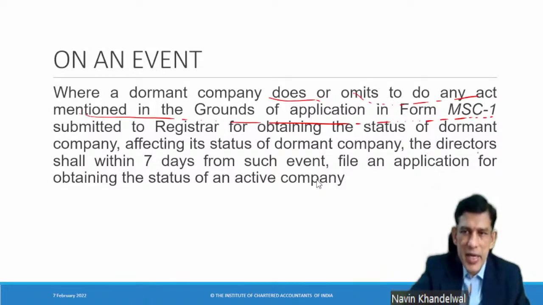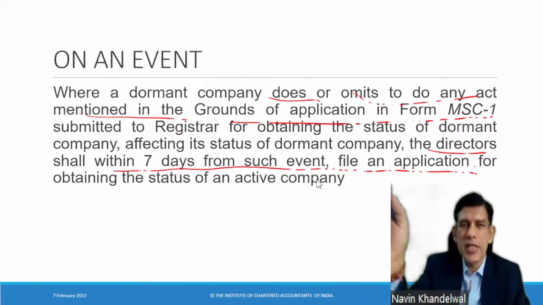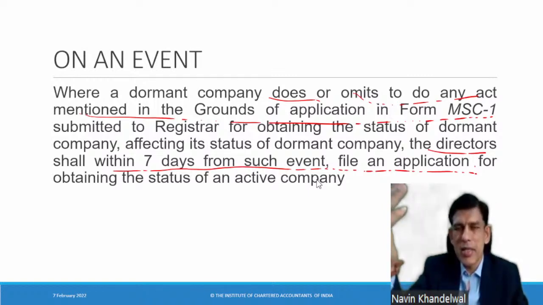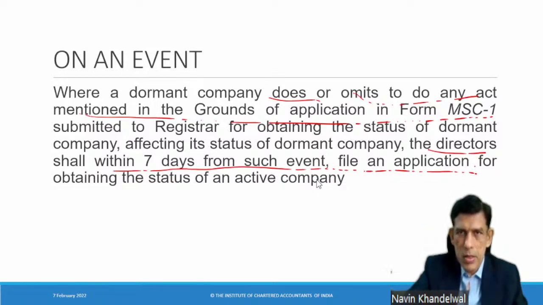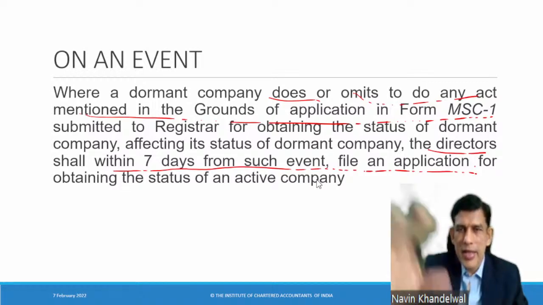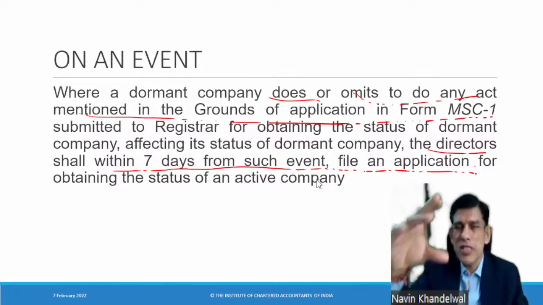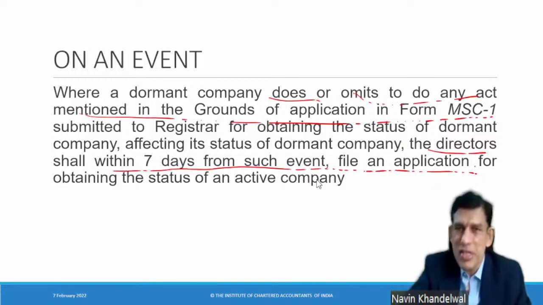Then the directors shall, within 7 days from such event, file an application for obtaining the status of an active company. So one case is where the directors know that they are resuming the operations. They want to start doing business, and they file an application. But here the situation is, for the purpose for which this status was granted, probably that purpose has gone and it has entered into, let's say, a significant accounting transaction.